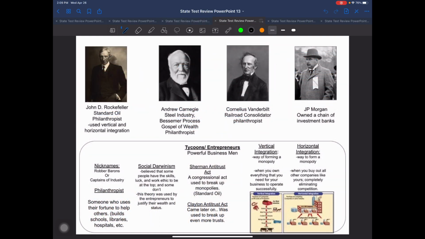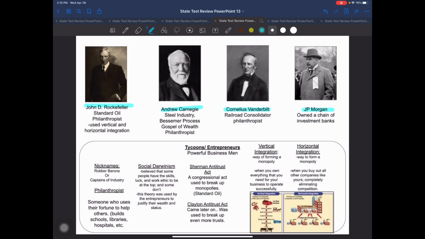On this page for the Gilded Age, at the very top, we have the four most popular monopolies, entrepreneurs, tycoons that there are. So first thing I want to do, let's just highlight their names. The first one here, we have Rockefeller and Andrew Carnegie, Cornelius Vanderbilt, and J.P. Morgan.